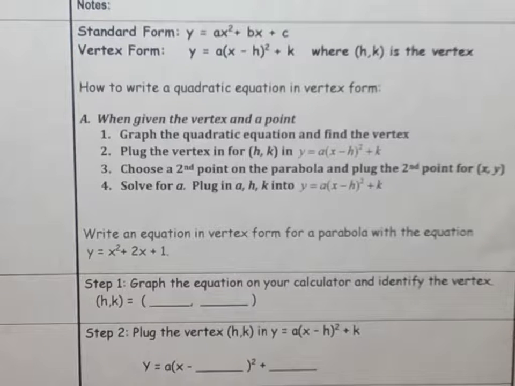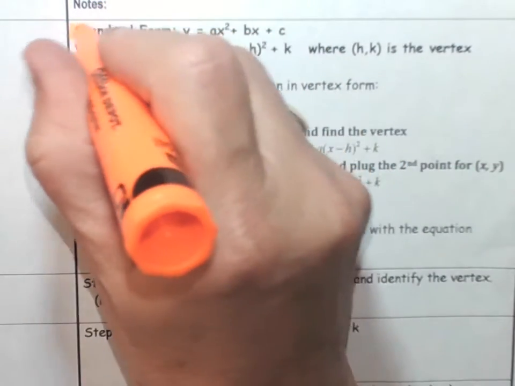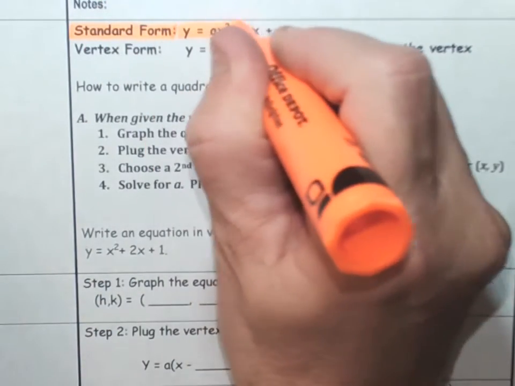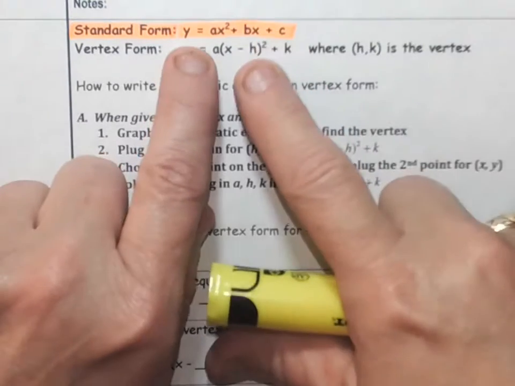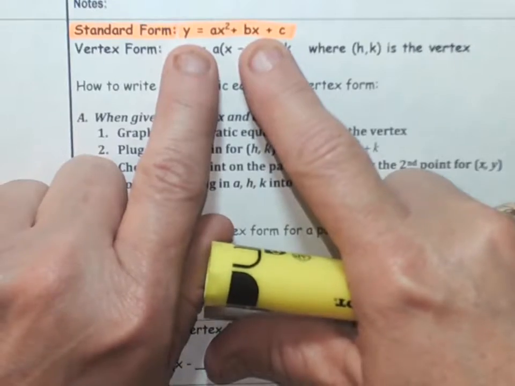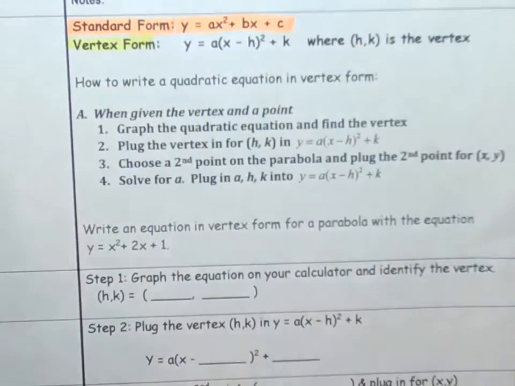If you'll think back, we've been doing standard form of a quadratic equation for quite a while now. Standard form is y equals ax squared plus bx plus c. What we want to do today is convert it to vertex form.